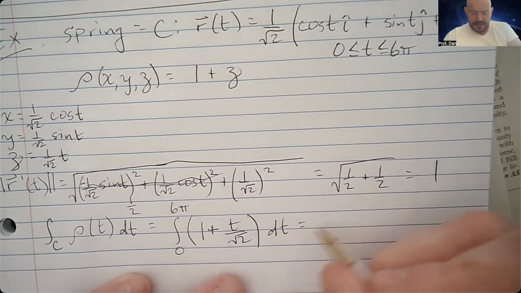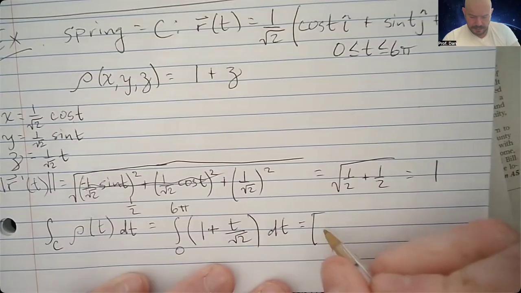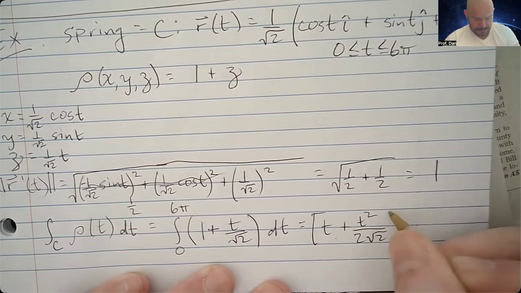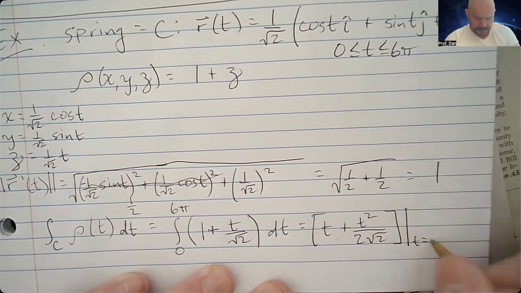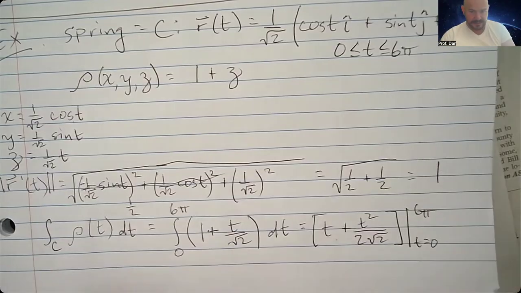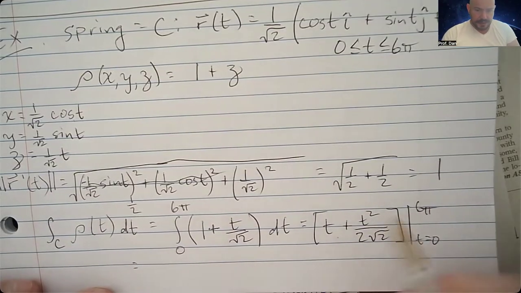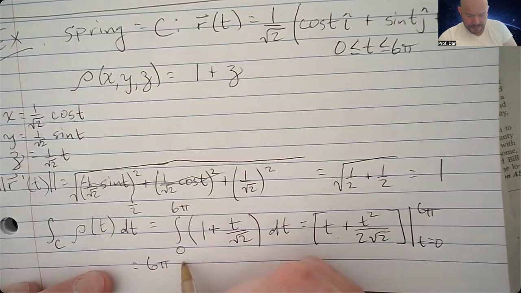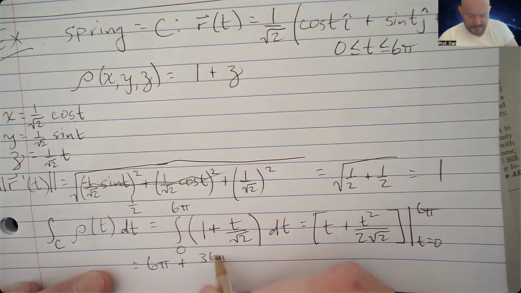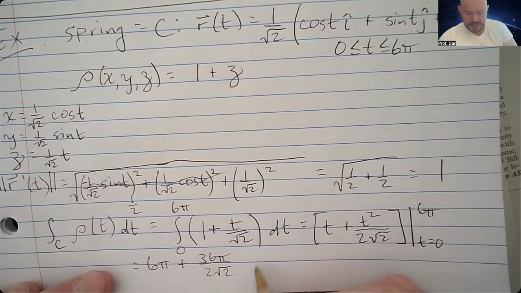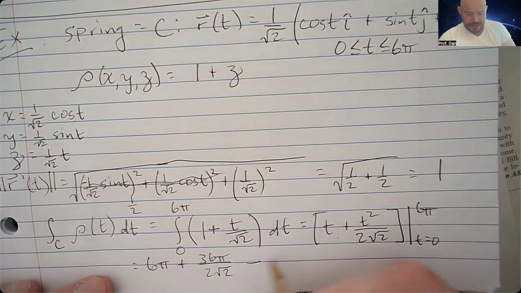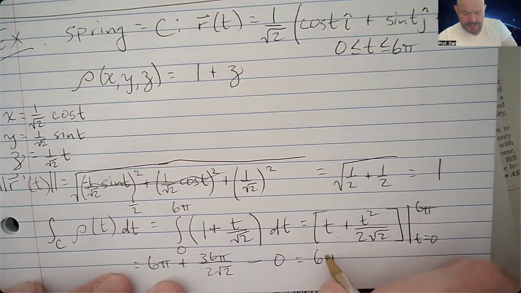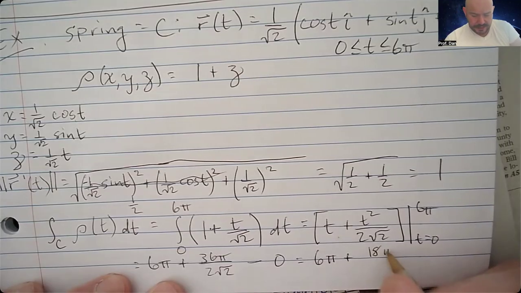So the antiderivative that we get will be t plus t squared over 2 square root 2. And we'll evaluate that from t equals 0 to t equals 6 pi. So plugging my numbers in, I get 6 pi plus 36 pi over 2 square root 2 minus, and then plug 0 in, you get 0. So altogether, my answer is going to be 6 pi plus 18 pi over square root 2.